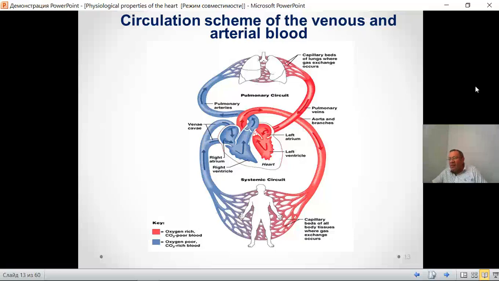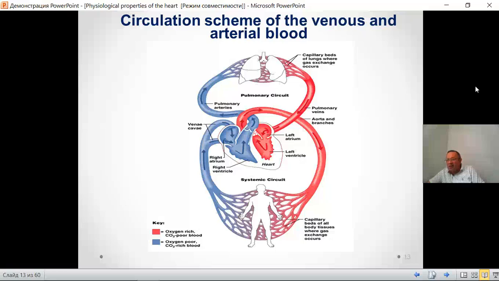Although both circuits transport blood and everything it carries, we can initially view the circuits from the point of view of gases. The pulmonary circuit transports blood to and from the lungs, where it picks up oxygen and delivers carbon dioxide for exhalation.